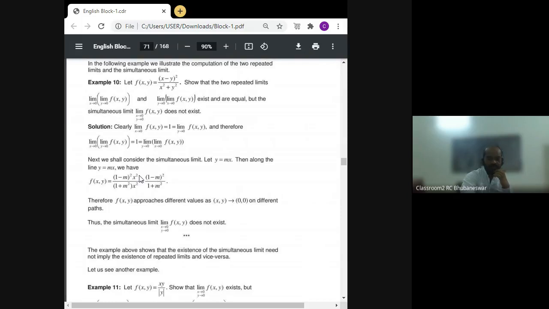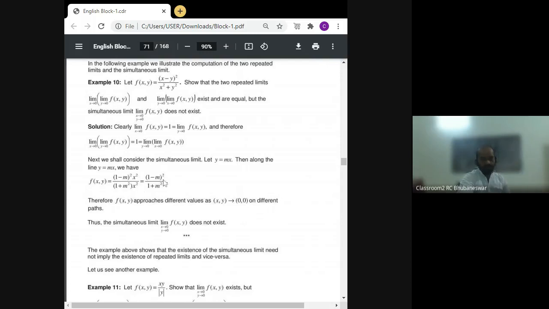But if we calculate the simultaneous limit, as (x, y) approaches (a, b), we have to choose a path. Generally, we check a path in the form y equals mx, a straight line from (x, y) to the point (a, b).